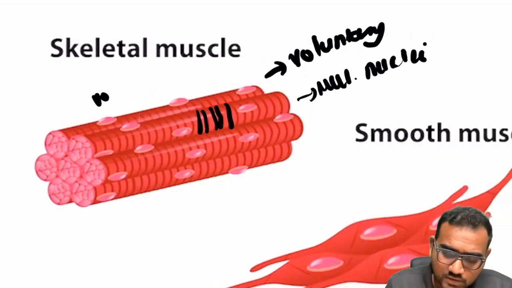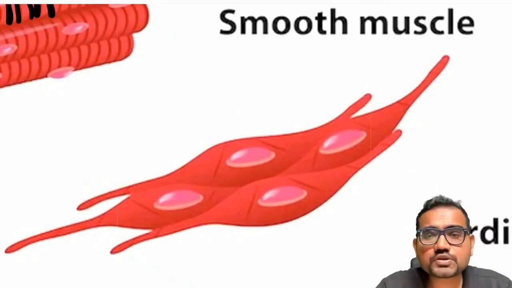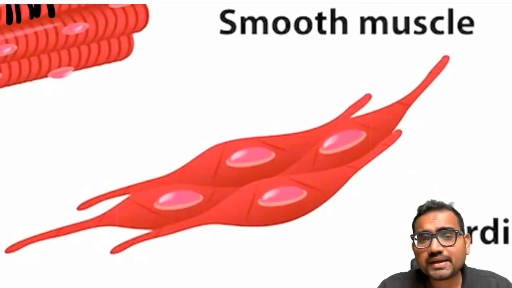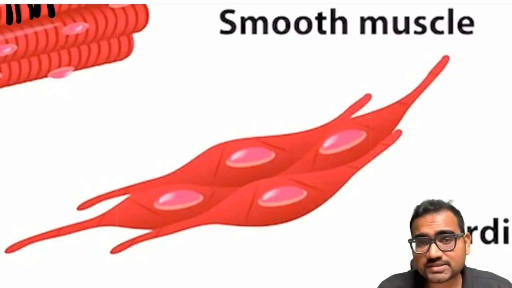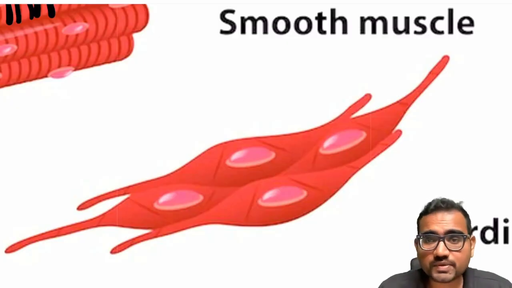Okay, now coming back to the smooth muscle. Smooth muscle, if you see, is present in the blood vessel, GIT, uterus, iris. So it is responsible for the constriction of the pupil and for uterine contractions in labor. It is responsible for peristalsis. It controls the blood pressure, vasoconstriction.